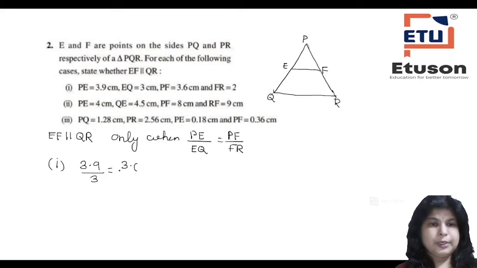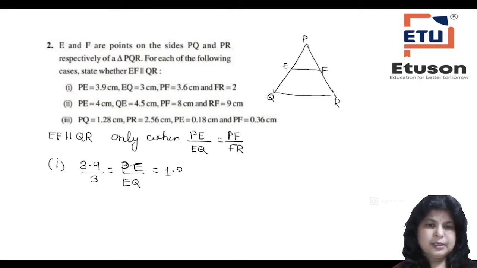So what we'll do is, in order to avoid confusion, let us write down 3.9 by 3, which is PE by EQ, according to the ratio. That is equal to the representative fraction, it is 1.3. Similarly, let us find out PF by FR.